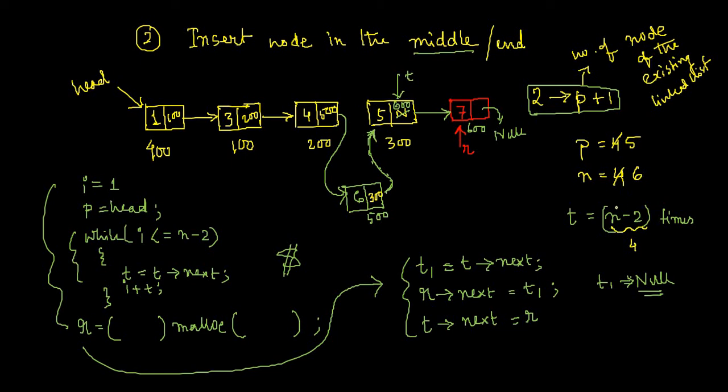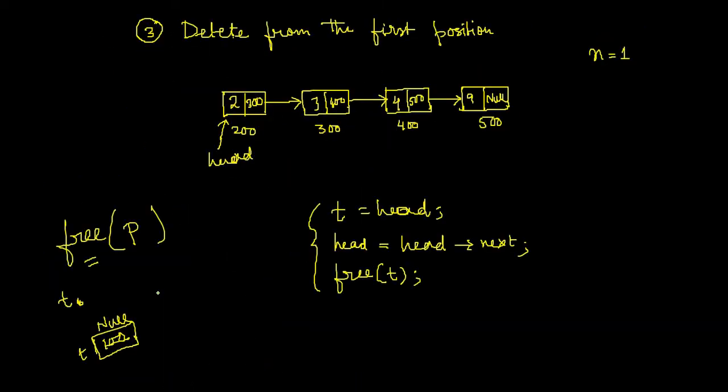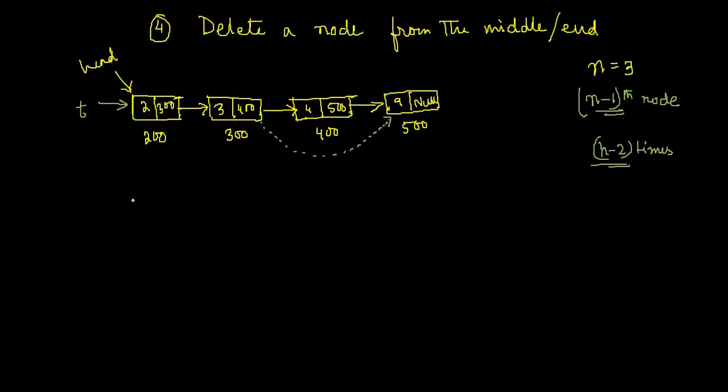This code is the same over here also. I can simply write T equal to head. Obviously, I have to initialize T with the pointer of the first node. Then I initialize i by 1, and write a loop: while i is less than or equal to n minus 2, T equal to T next.